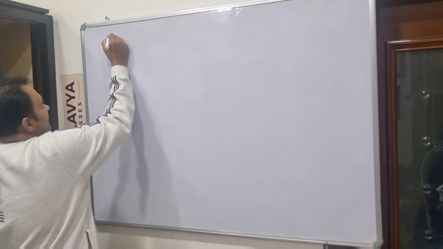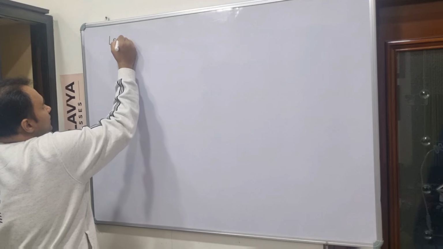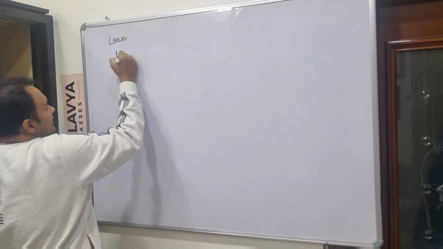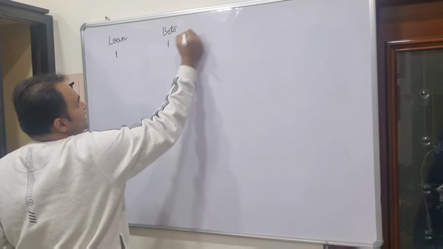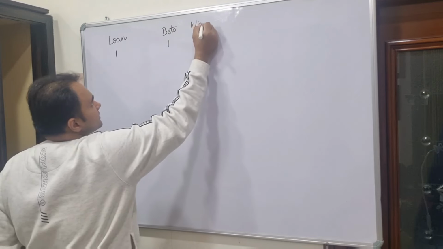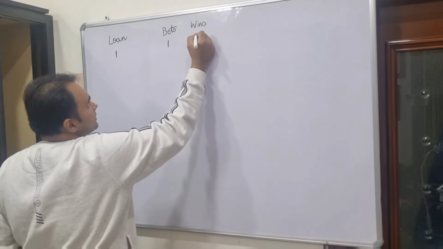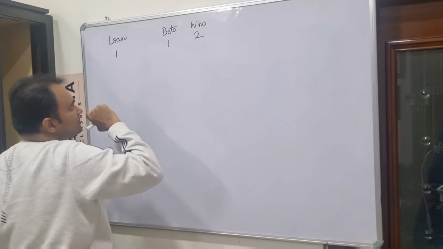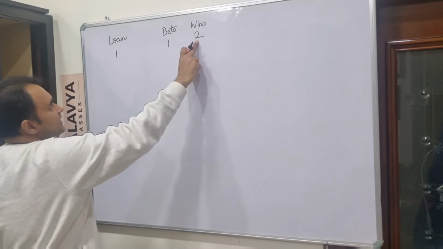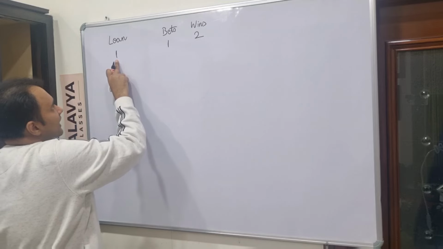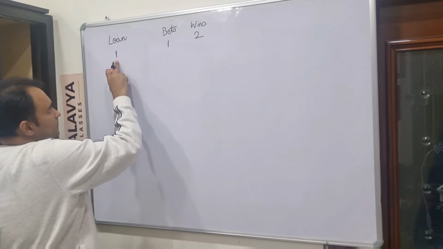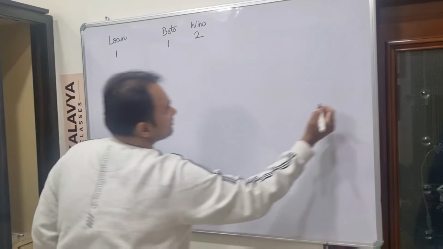This bet doubling player takes a loan of 1 unit of money and he bets that 1 unit of money. If he wins, he gets 2 units of money. From this 2 units of money, he will pay back the loan of 1 unit of money and keep for himself 1 unit of money.